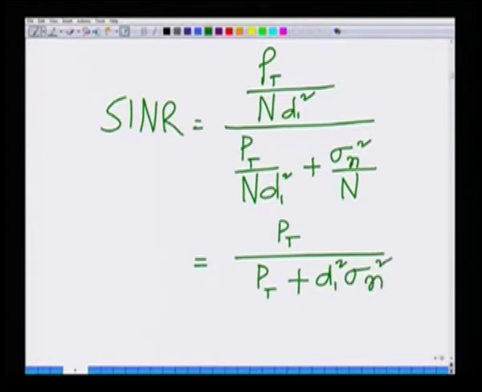Now, you can see from this expression both the numerator signal power is Pt and more importantly the denominator is also Pt.